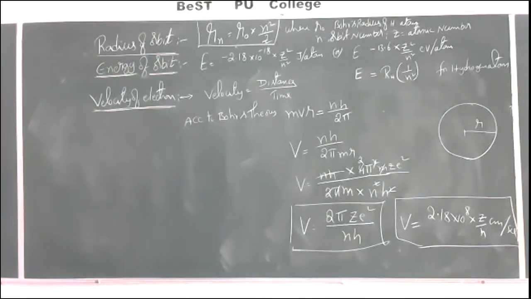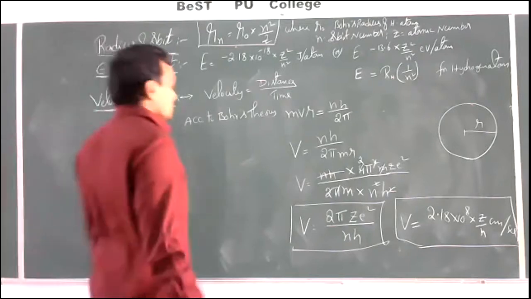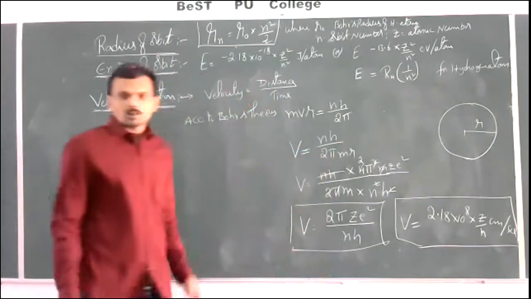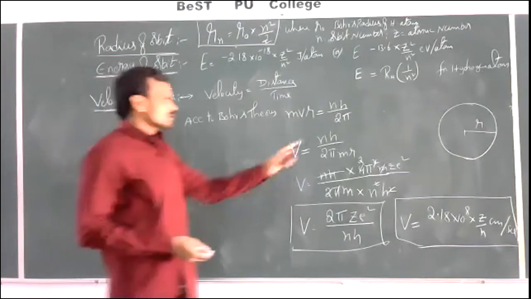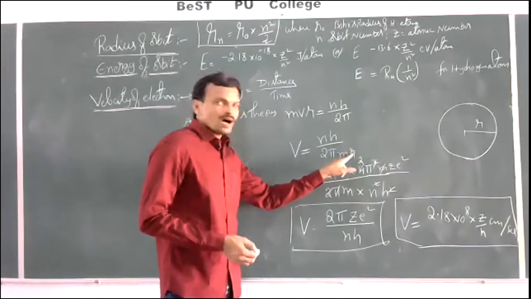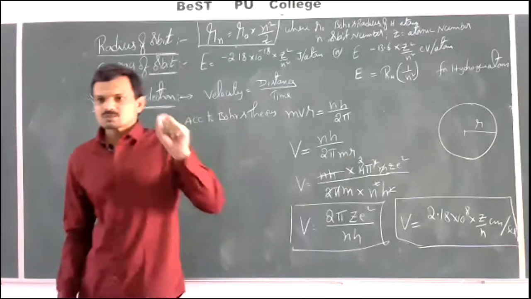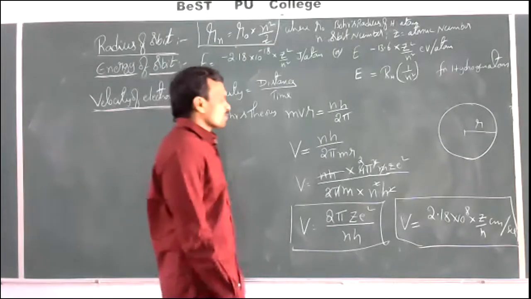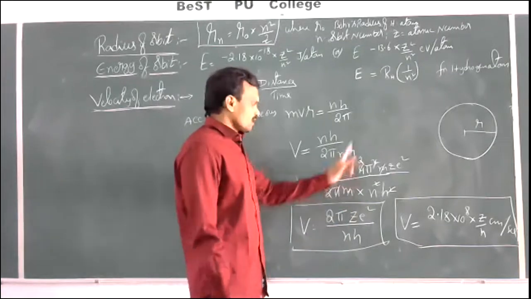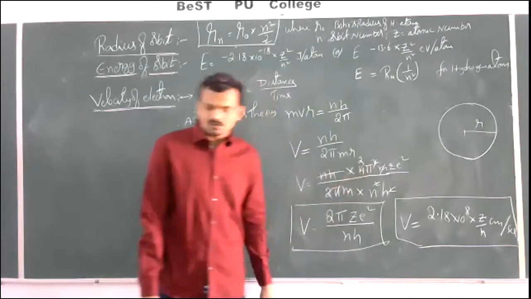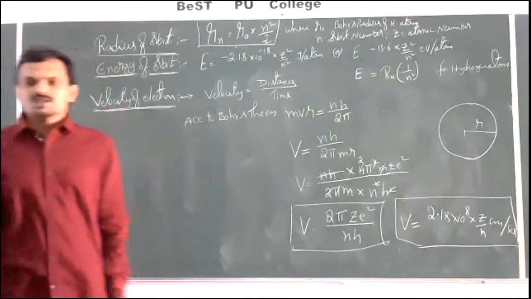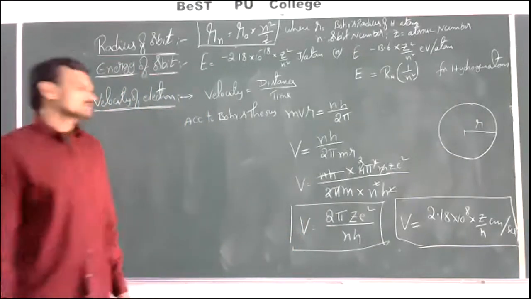Now, v is equal to nh by 2 pi mr. Instead of r, if you substitute the expression of r, that is n square h square by 4 pi square m Z e square, and cancel the common terms, then you can get v is equal to 2 pi Z e square by nh.